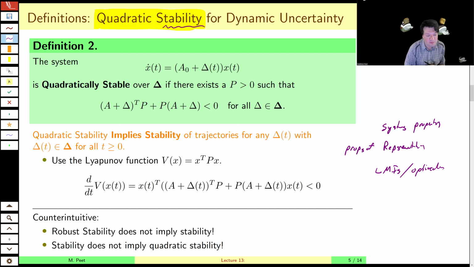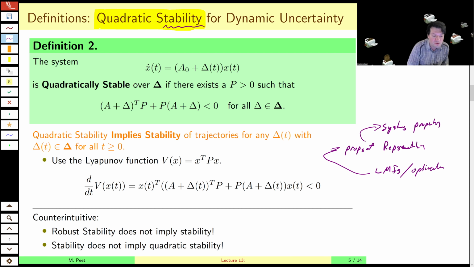Sorry for my handwriting there. And sometimes we can use LMIs to enforce properties of the representation, which are then used to enforce properties of the system. We talked about this in some depth in our section on optimal control.